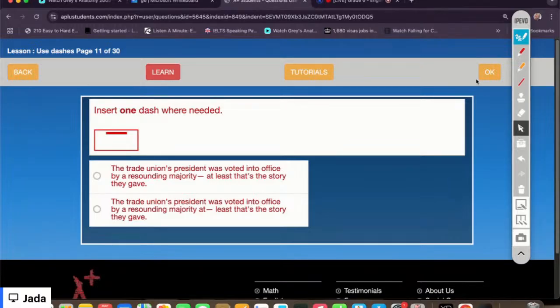The trade union's president was voted into office by a resounding majority. At least that's the story they gave. First or second?